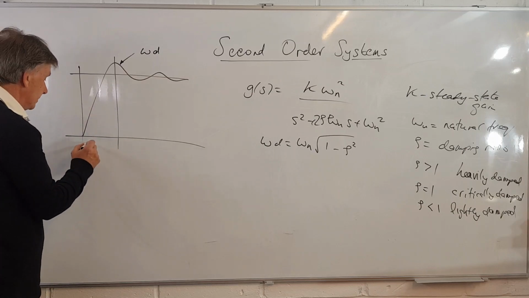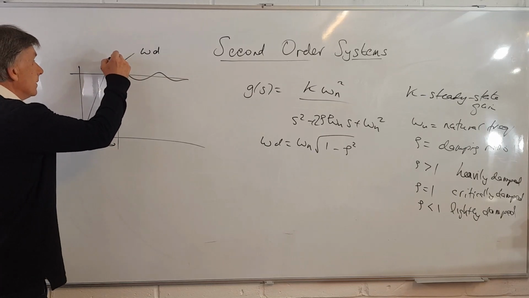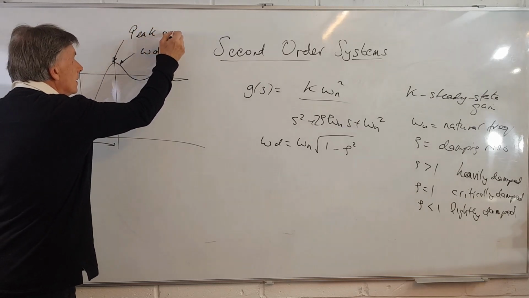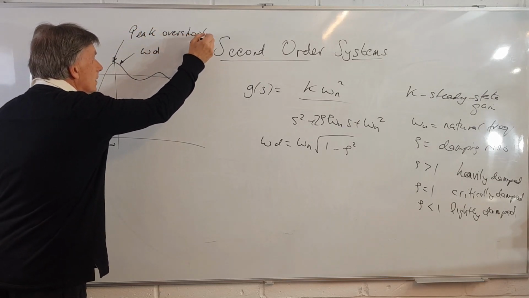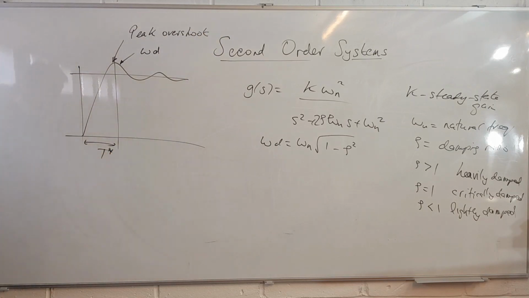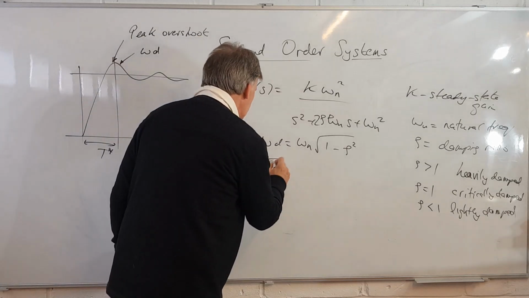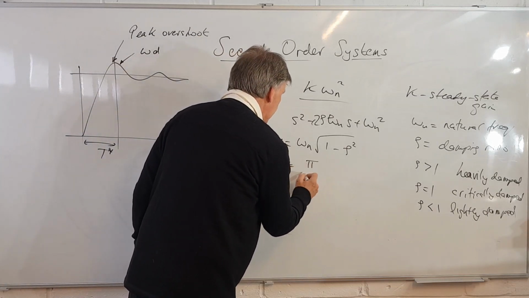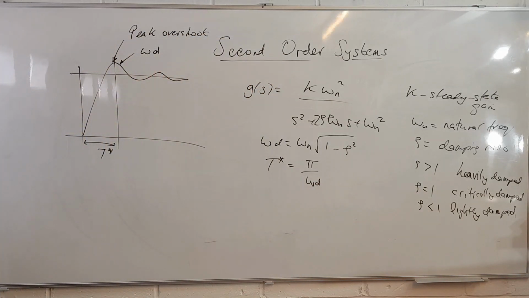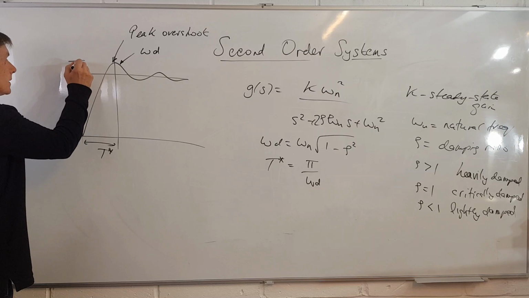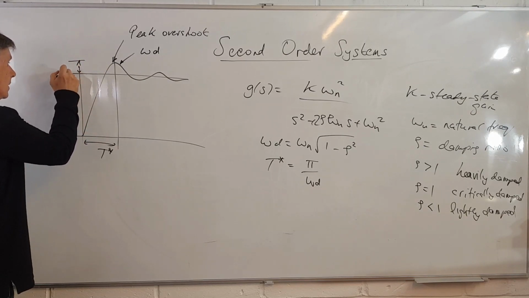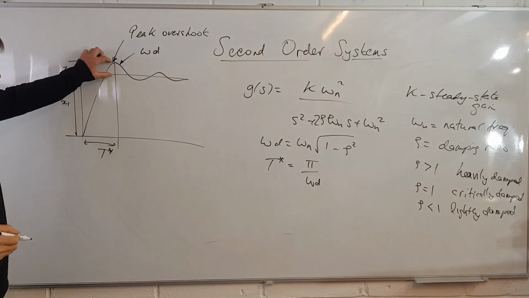Next thing we have is this point here. It's called the peak overshoot. And the time, t star, at which the peak overshoot occurs is given by pi over omega d. And the last thing we might want to know is the size of this overshoot here.